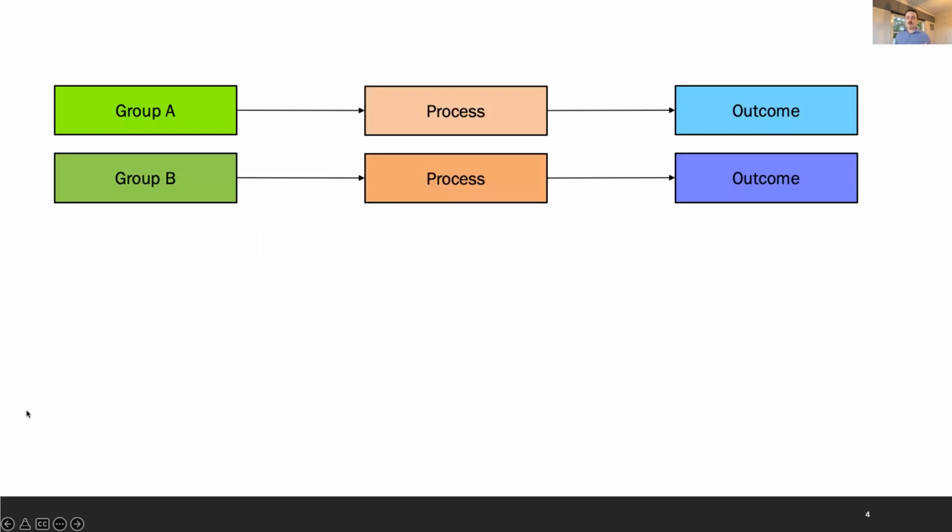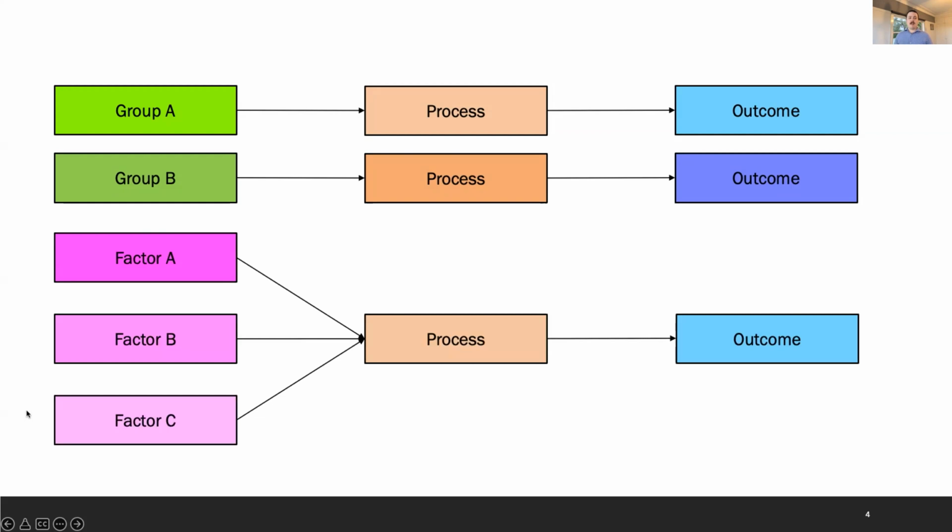And of course, in psychology, we test the role of these processes in many different ways. One way is experimentally, by putting participants into two separate groups and exposing them to different conditions, different contexts, different tasks, or perhaps different interventions. Then we look at the different outcomes that occur in those two groups.